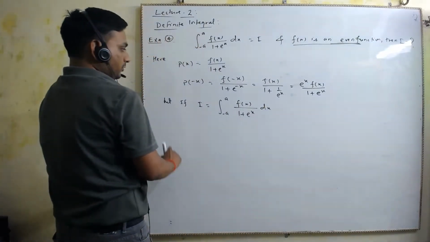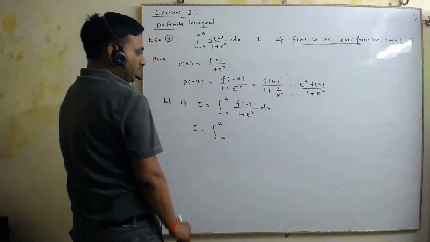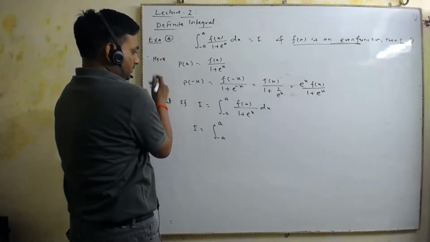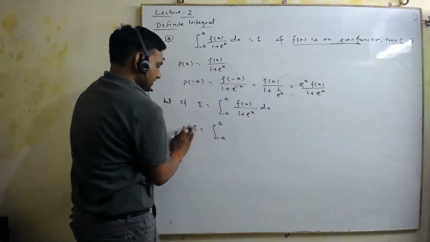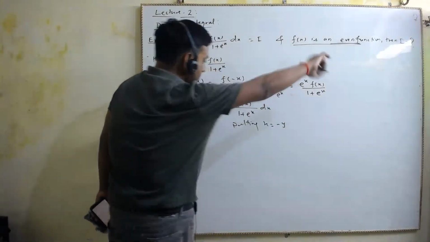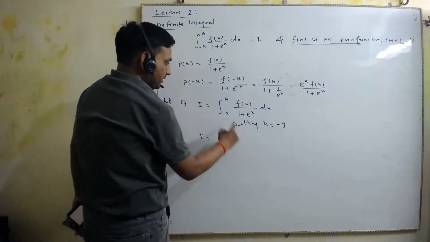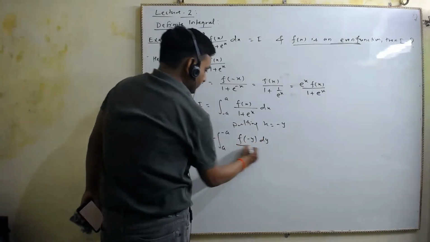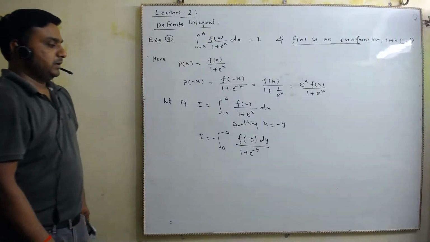If I put p of minus x in place of x, can we write like this?